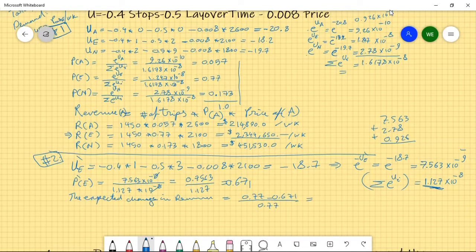It's even more than 10%. So we have 0.77 minus the answer, divided by 0.77.